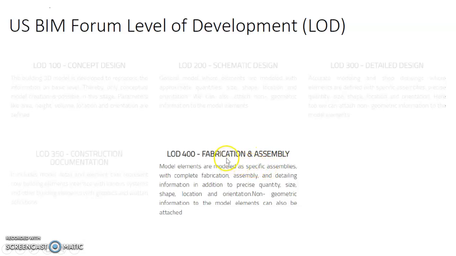So for fabrication and assembly, the model elements are modeled as specific assemblies with complete fabrication, assembly, and detailing information, in addition to a precise quantity, size, shape, location, and orientation. So that's LOD 400.